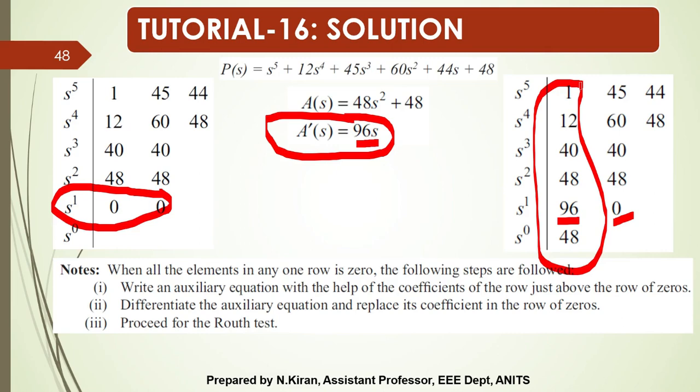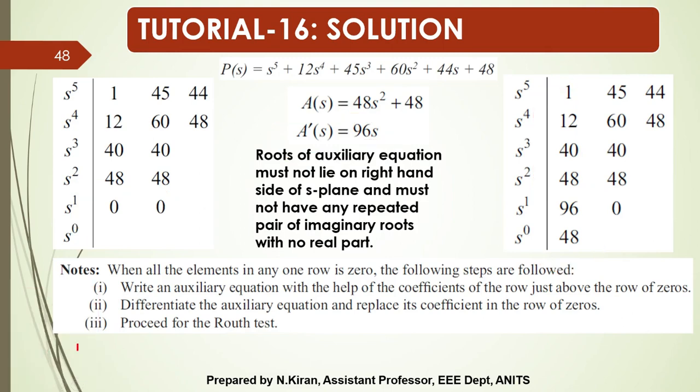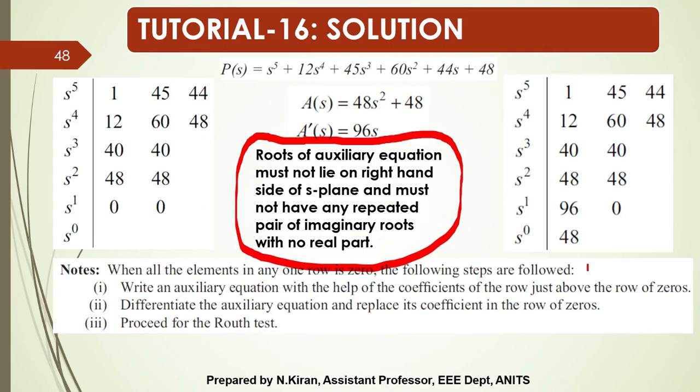So in order to be sure whether the given polynomial is Hurwitz or not, we have to find the roots of the auxiliary equation, and the auxiliary equation roots must not lie on the right hand side of the S plane, and it should not have any repeated pair of imaginary roots with no real part. Okay, so this is the condition we should check after constructing the Routh table when we have a row of zeros.